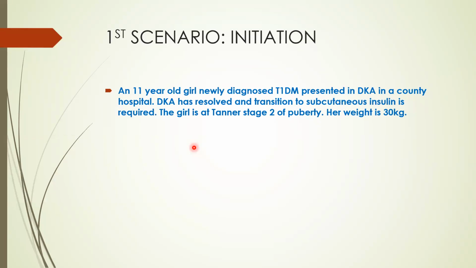An 11-year-old girl, newly diagnosed type 1 diabetes, presented in diabetic ketoacidosis in a county hospital. The DKA has resolved and transition to subcutaneous insulin is required. The girl is at Tanner stage 2 of puberty, meaning that she has started her puberty, and her weight is 30 kilos.